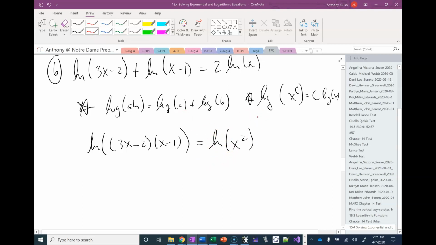Okay, so now that I have a single logarithm on each side, what I'm going to do is cancel these logarithms. The way to cancel a logarithm is using an exponent base. If I look at this logarithm, though, there's no base written here, so I might be questioning, what is the base for this logarithm?